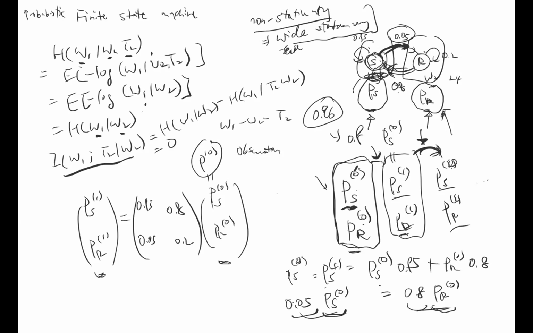I just call this P0 as a vector, this P1 as a vector, right? And maybe I write T as the transition probability here. Then P1 should be just equal to P0, right? So maybe I just write P0 is just equal to P, and have P is equal to TP here.